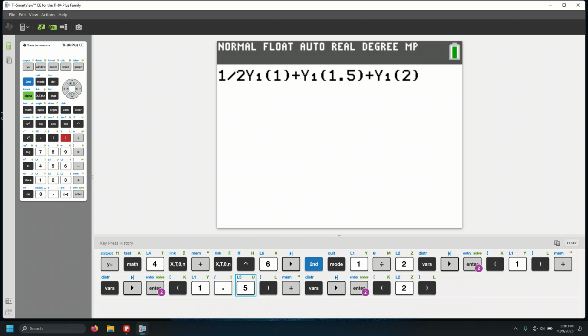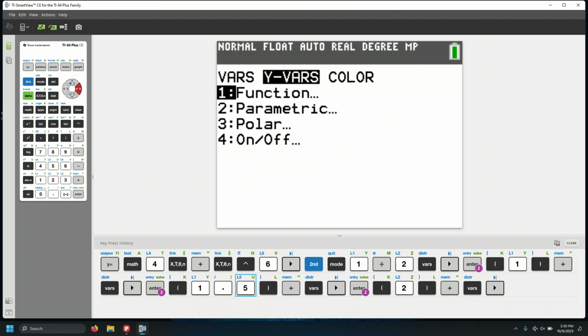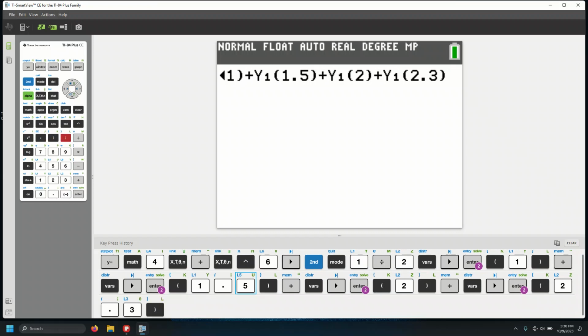And then plus y vars, function, y sub 1, and open parentheses to evaluate it at what's next, 2.5, which is our x sub 3. Be careful, not 2.3, 2.5, right? Got it.